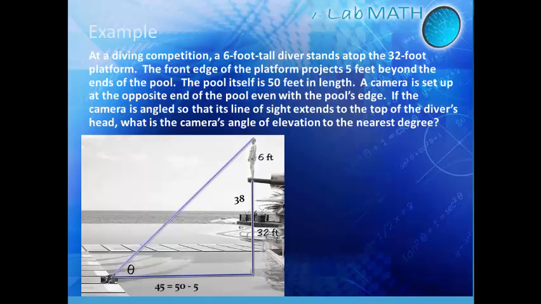Acute angle theta, two sides are given. That is, the side opposite to theta is 38 feet. The side adjacent to theta is 45 feet. What function are we going to use?